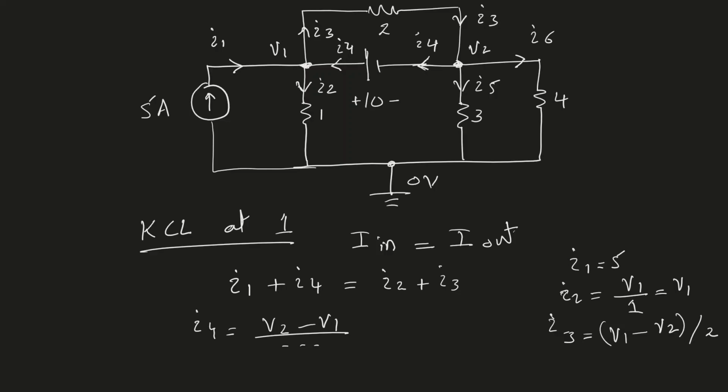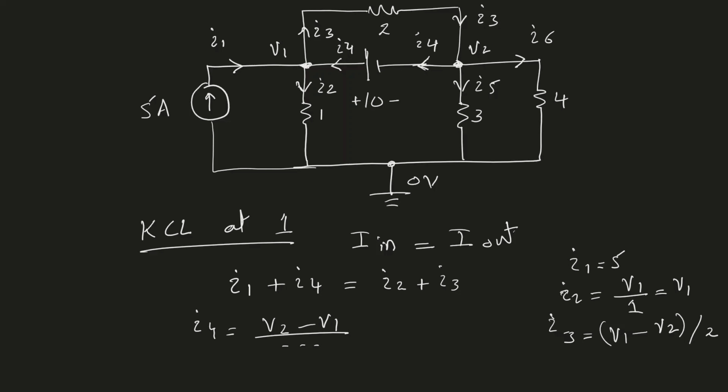That voltage supply can either produce a small current or a large current. It depends on the rest of the circuit. This voltage supply will produce the amount of current necessary to keep the voltage difference between V1 and V2 equal to 10 volts. The purpose of this voltage supply is to keep the voltage fixed between the two nodes, and it will produce whatever current is needed to ensure that. So therefore we cannot actually calculate I4.